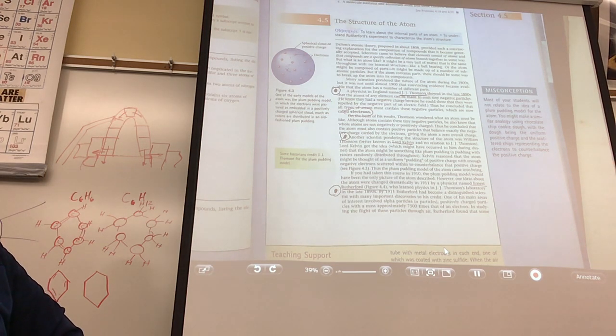This is called Rutherford's experiment. He learned physics in J.J. Thomson's laboratory in the late 1890s. By 1911, Rutherford had become a distinguished scientist with many important discoveries to his credit. One of his main areas of interest was alpha particles. Alpha particles are positively charged particles with a mass about 7,500 times that of an electron.